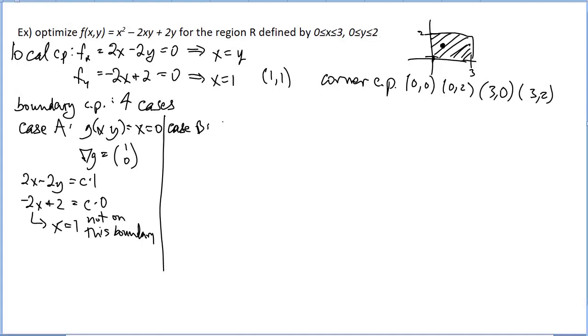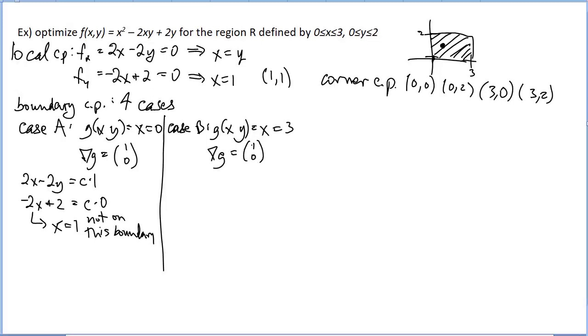Next, case B. Is the boundary on the right, x equals 3. So our function g(x, y) is just x. And once again, the gradient of g is (1, 0).